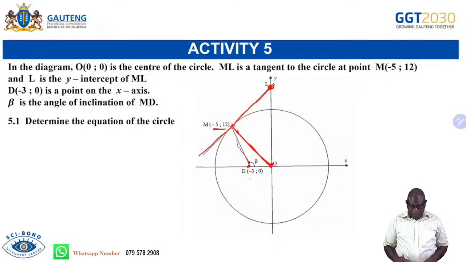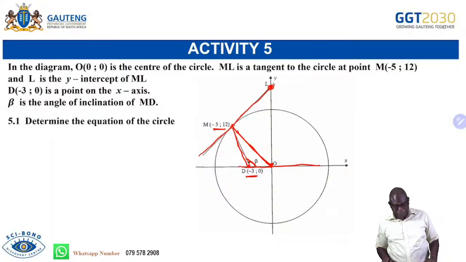D is the point on the x-axis. Beta is the angle of inclination of MD. MD is a straight line, and then we have an x-axis. So it's between the straight line and the x-axis. Then you know what you're supposed to do there.